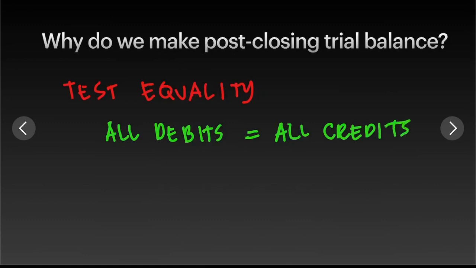And basically, class, you want to test the equality because if they are not equal, it suggests an error. And if there is an error, you have to locate the errors.